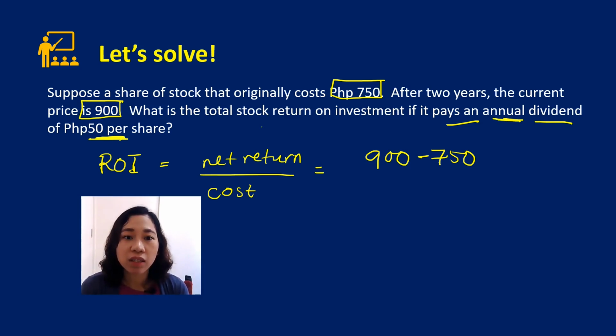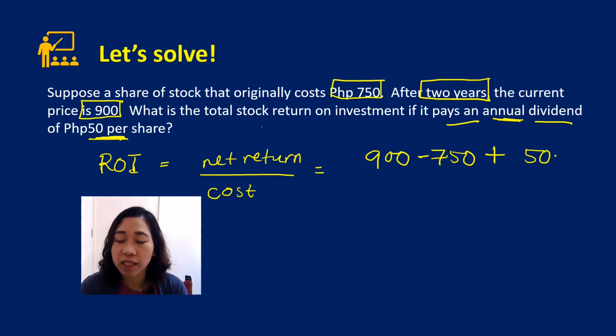But since you held it for 2 years, okay? So how much dividend did you get? 50 pesos. That's annual. So times 2. Because you had your dividend for 2 years, all right, over cost.